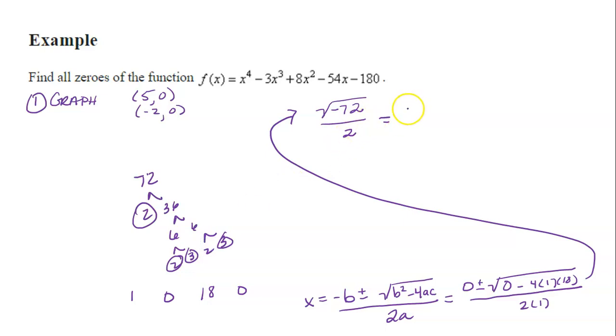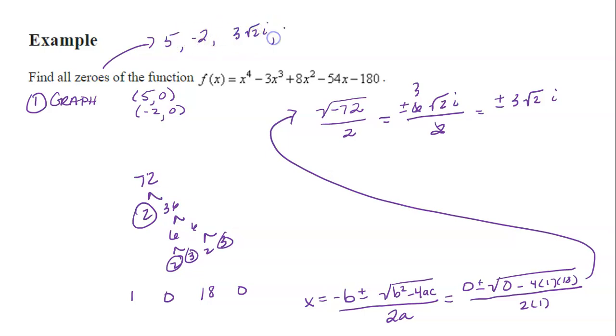So that gives me plus or minus 6 square root of 2i over 2. These are going to cancel. Plus or minus 3 square root of 2i. Okie dokie. So my zeros are 5, negative 2, 3 square root 2i, negative 3 square root 2i.